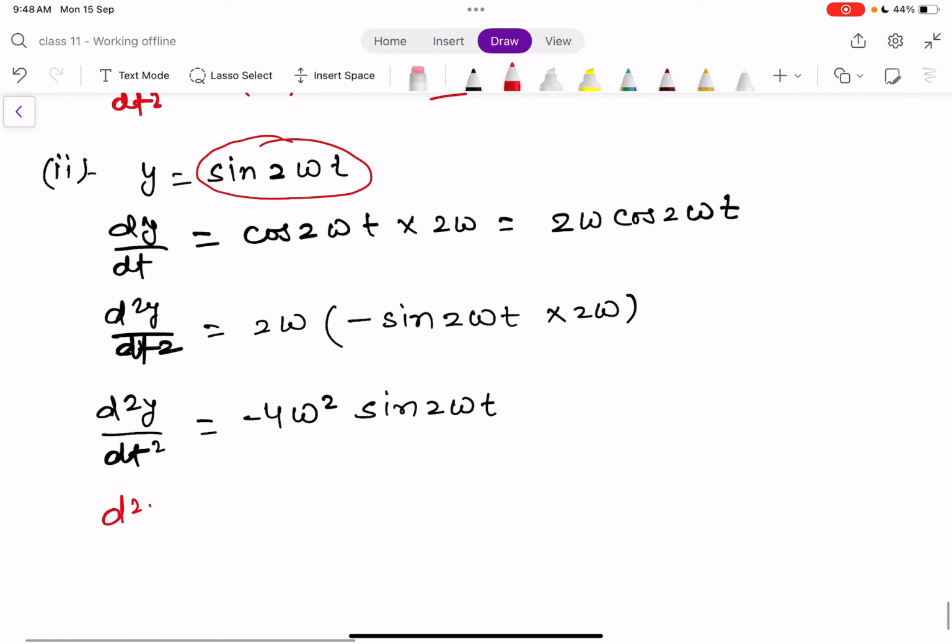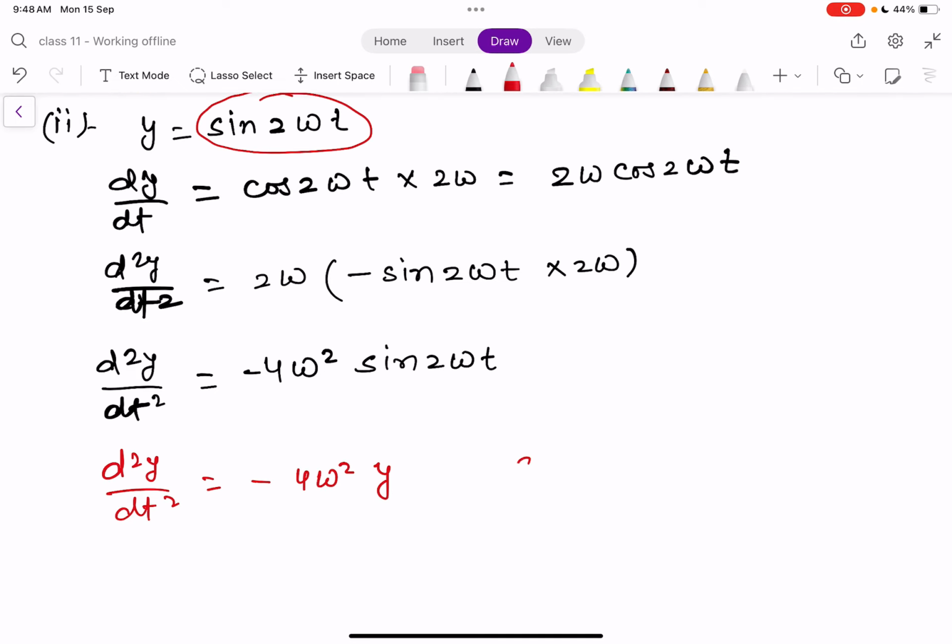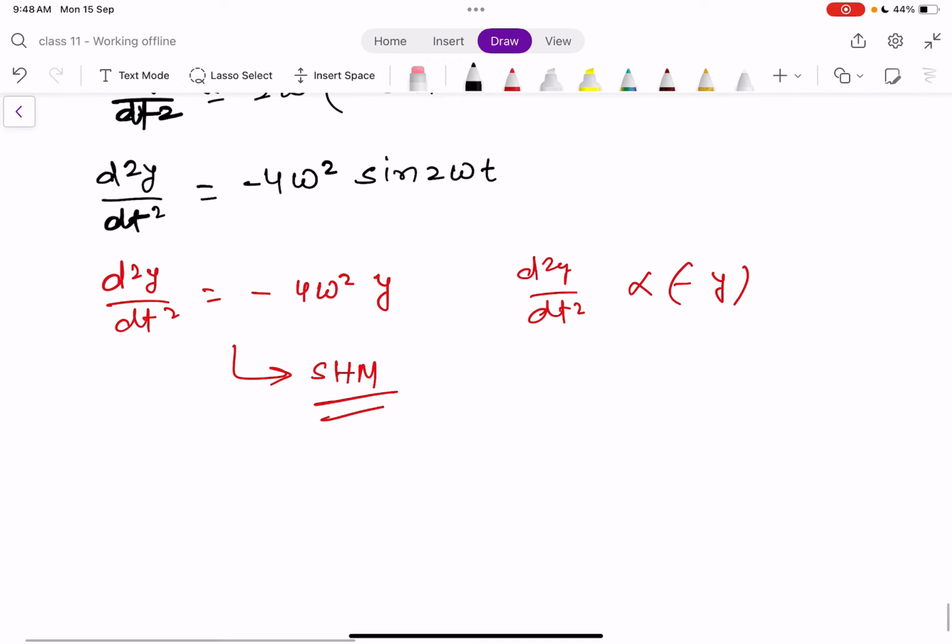So d2y by dt2 is equal to minus 4 omega square into y. Again d2y by dt2 is proportional to minus y. So this is also an equation of SHM.